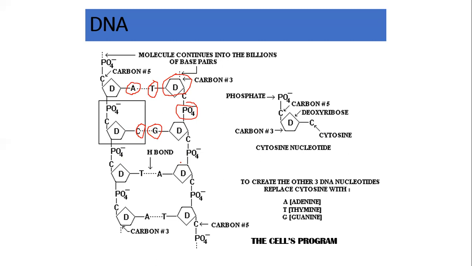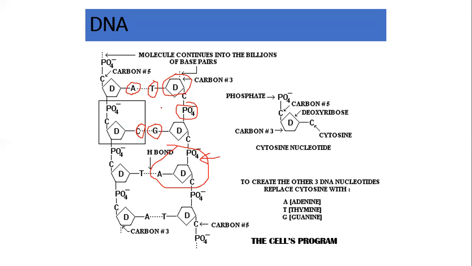Now, if I was to circle this amount of DNA here, it consists of one of everything: one deoxyribose, one nitrogenous base, in this case adenine, and one phosphate. That structure there is called a nucleotide, and the nucleotides are the monomers that the cell uses to build a DNA.